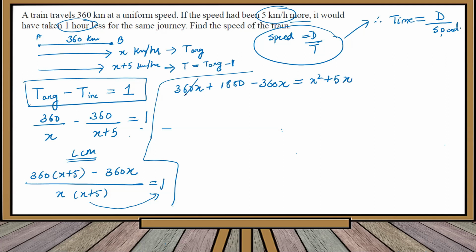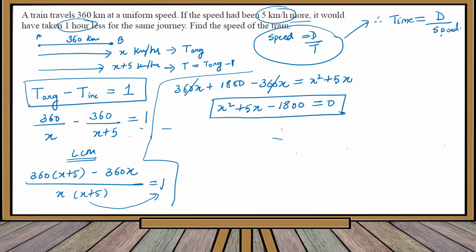So if you observe, this and this will get cancelled. So the quadratic equation that we have is x square plus 5x minus 1800 equal to 0. Now this is our required quadratic equation.